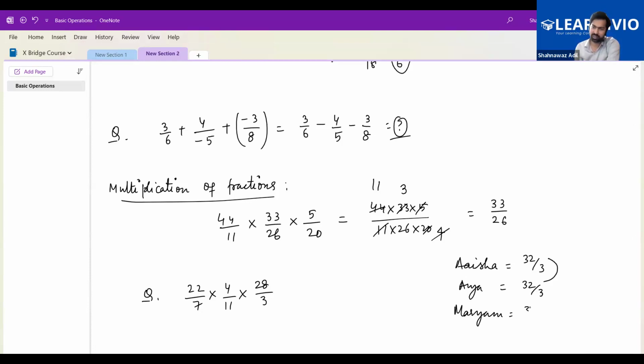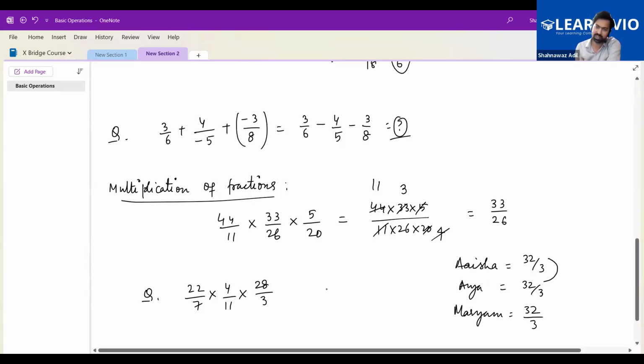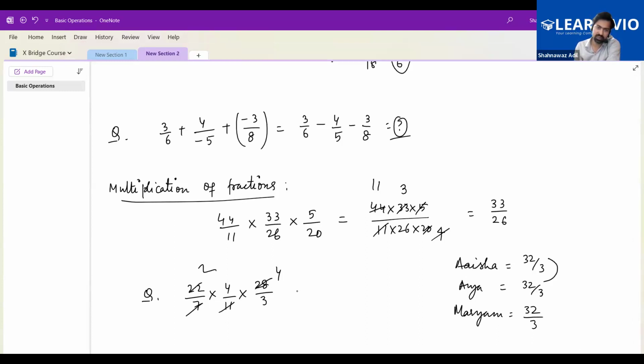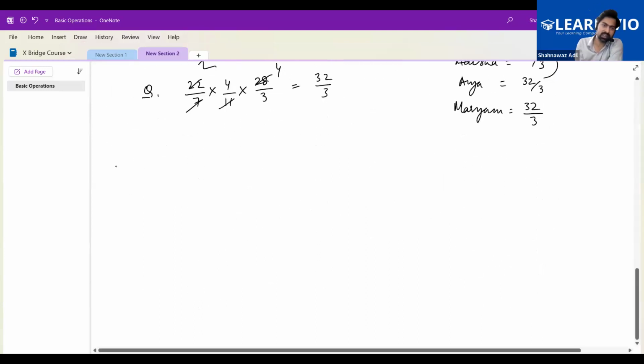So everybody is on the same page again after some hiccups. So this is 2, and this is 4, so 32 by 3. Good. So this is about multiplication of fractions, and then we have division of fractions.